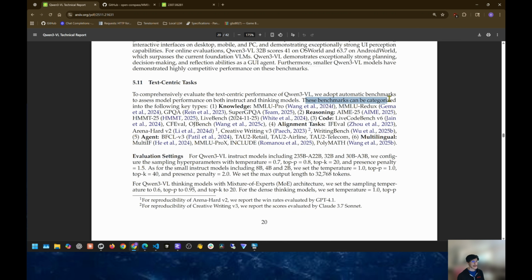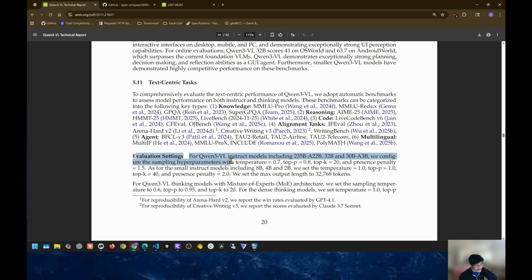These benchmarks can be categorized into the following key types: knowledge, with MMLU-Pro, MMLU-Redux, GPQA, and SuperGPQA; reasoning, with AIME25, HMMT25, and LiveBench; coding, with LiveCodeBench v6, CF-Eval, and OJBench; and alignment tasks, with IFEval, Arena-Hard v2, Creative Writing v3, and WritingBench; then BFCL-v3, Tau2-Retail, Tau2-Airline, Tau2-Telecom; multilingual, with MultiIF, MMLU-ProX, INCLUDE, and PolyMath. So this is the LLM part, I think.